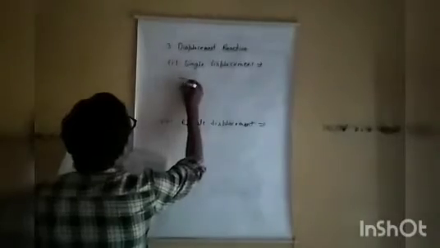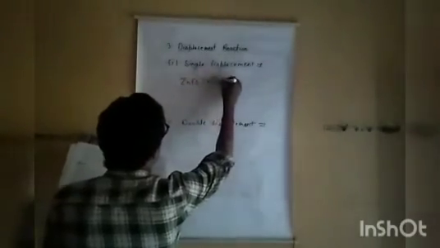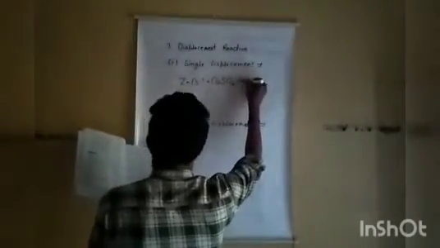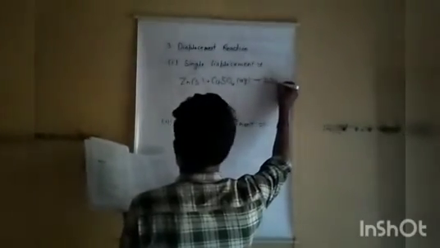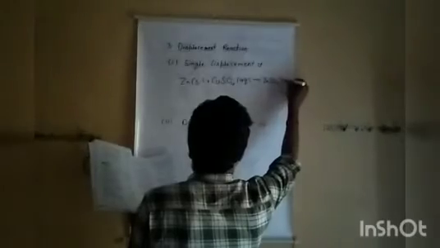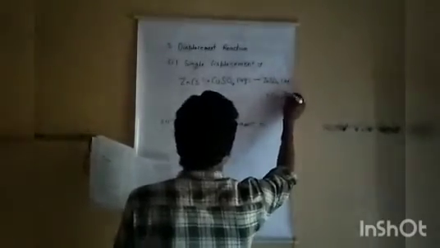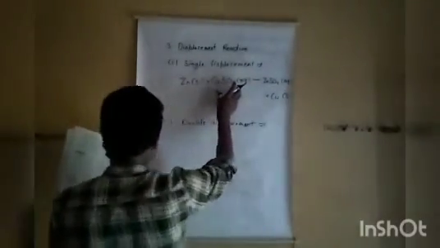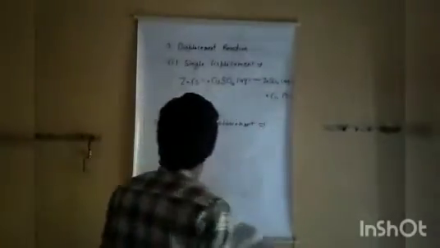For example of single displacement, zinc plus copper sulfate gives zinc sulfate and copper metal.